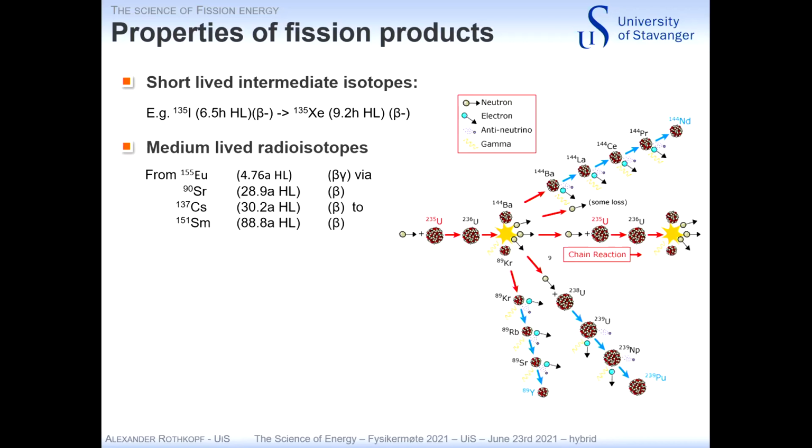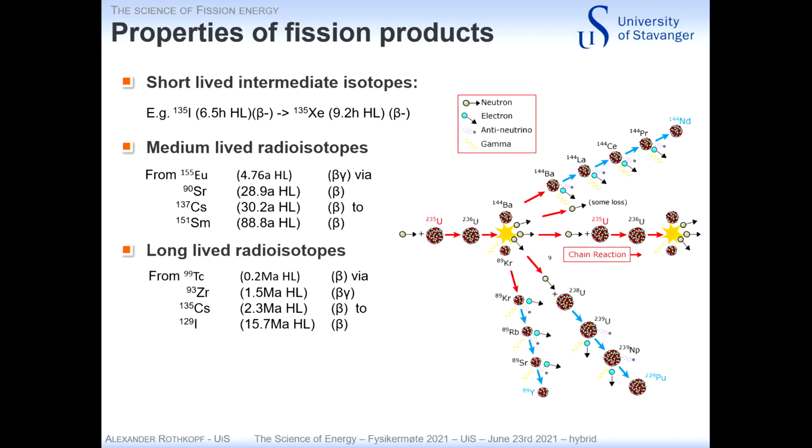And then there's samarium with around 88, so 90 years of half-life. Then there are very long-lived isotopes, starting from, say, technetium with 200,000 years of half-life to cesium-135 with 2.3 million years of half-life, and iodine-129 with 15 million years of half-life.